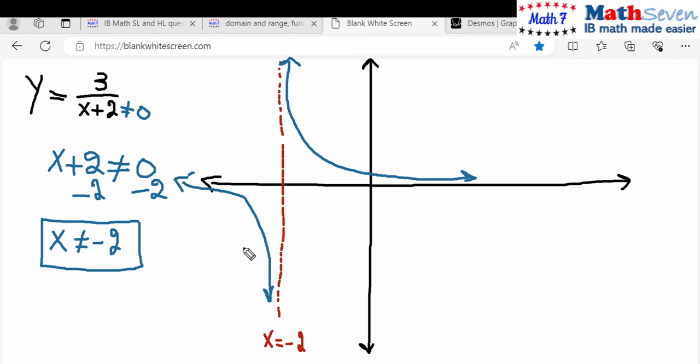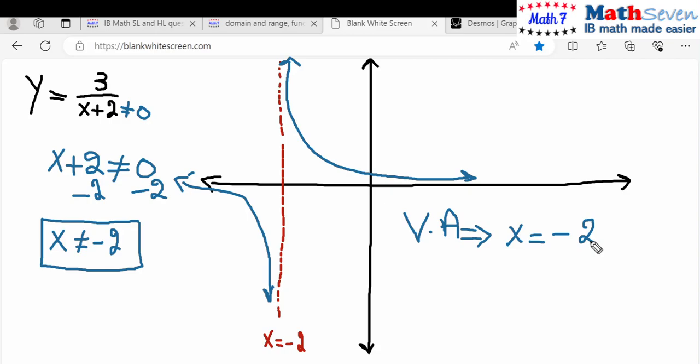Okay, so we have the vertical asymptote, which occurs at x equals minus 2. That's the vertical asymptote, which is the electrical line or the death line that the graph cannot touch or cross.